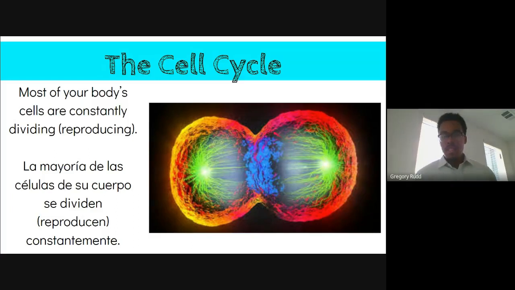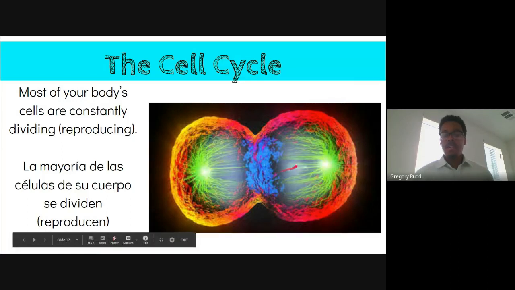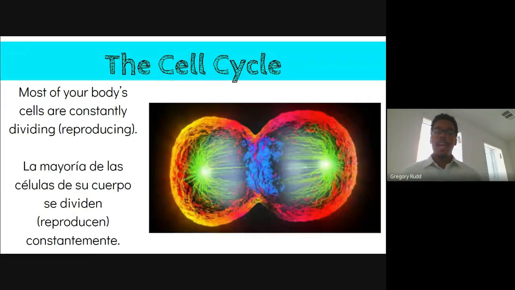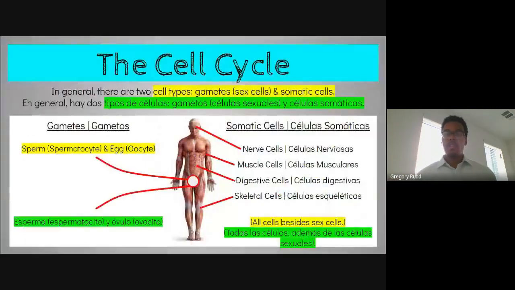So in this case, you can see these are two cells that are essentially growing out of what was one cell. Their genetic material has been split. Their nuclear membranes are separating. And this is happening almost constantly throughout your body for most cells. Like I said, your nerve cells don't really do this.